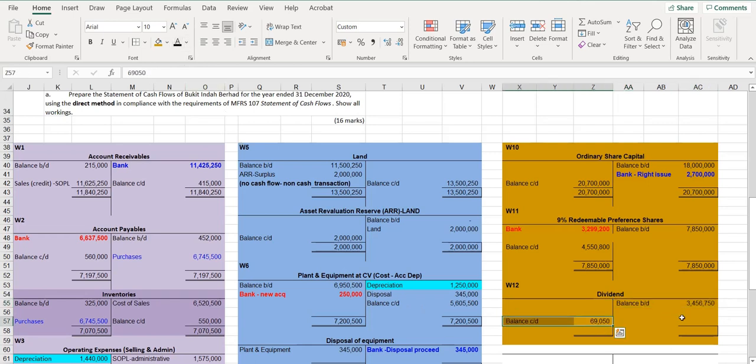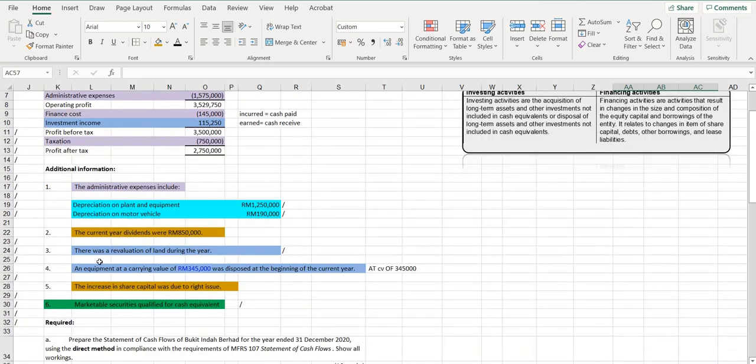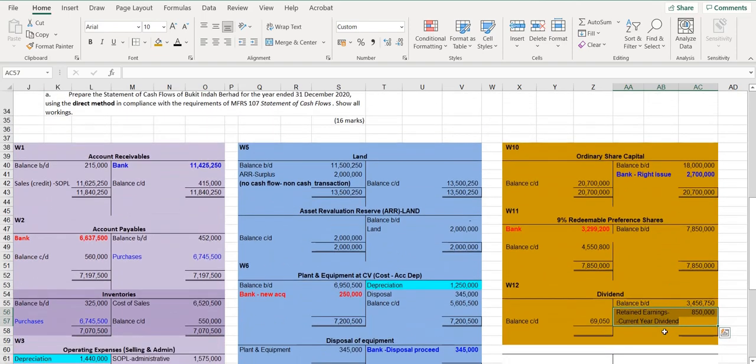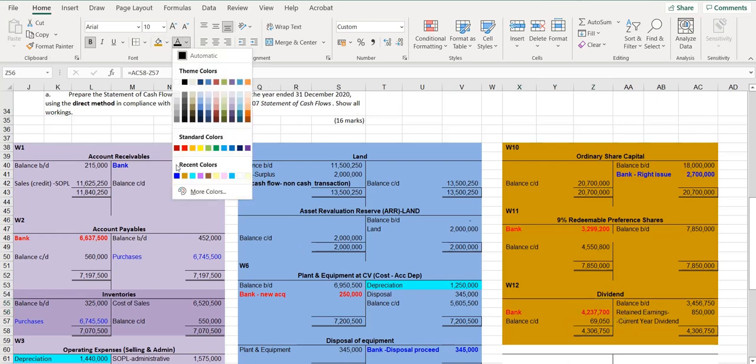The current year dividend that was given in additional info number 2 will be shown here, and this is what you have to include if you prepare a statement of changes in equity, where the current year dividend may include proposed final and interim dividend. So you total up this item, then the difference on the debit side will be the payment of dividend, which is going to be your outflow.